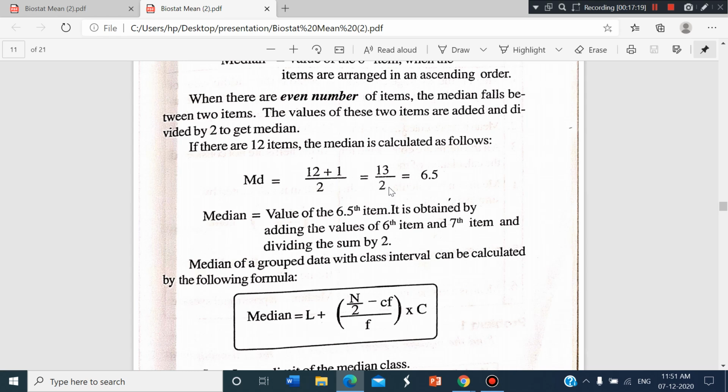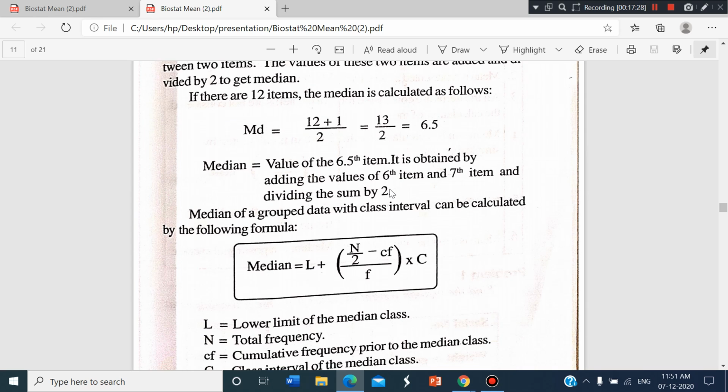That is for ungrouped simple data. Suppose we have grouped data with class intervals, the formula is different.